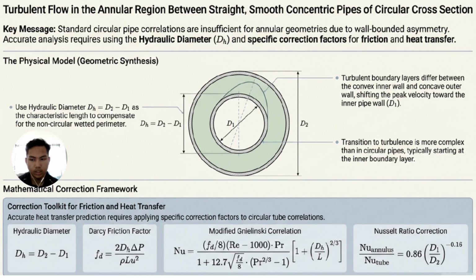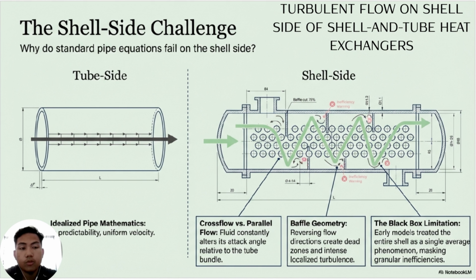So by integrating this correction, we can achieve high precision prediction for both pressure drop and heat transfer in complex annular systems. Now we move on to turbulent flow on the shell side of the shell and tube heat exchanger. At the tube side, as we saw earlier, the mathematics is an ideal calculation.